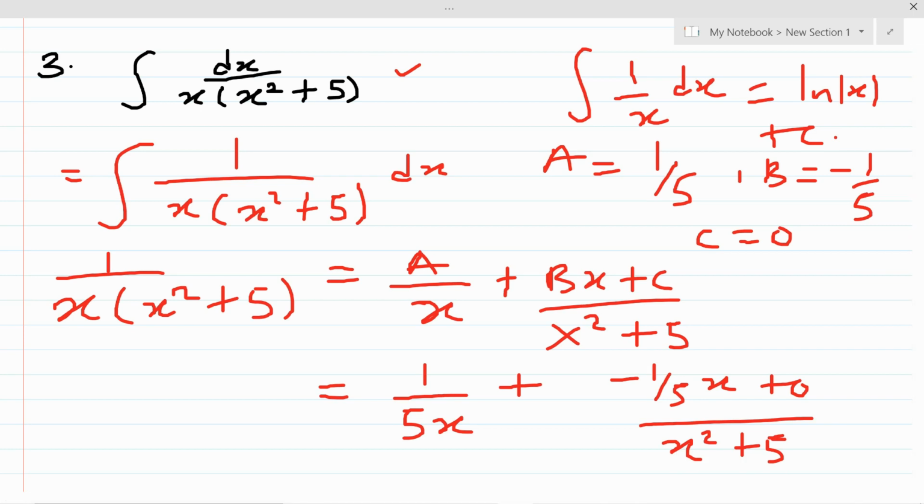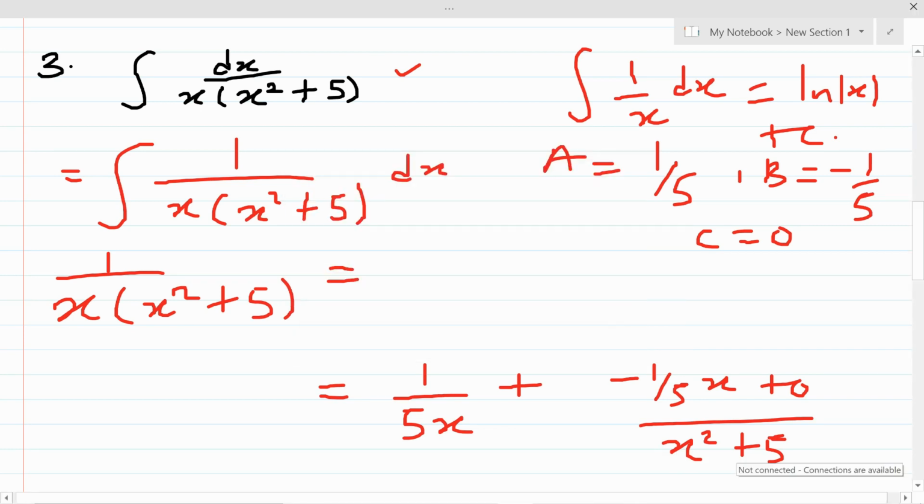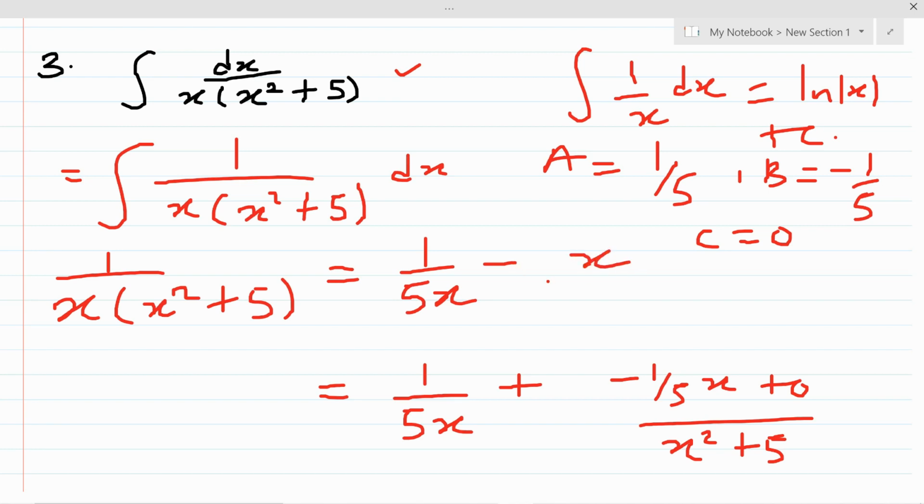Now this is what we've gotten. Alright, so looking at this, it is the same as 1 over 5x minus, okay, we got a minus 1 over 5x at the top there, then x over 5 into brackets s squared plus 5. This is from basic simplification in fractions.